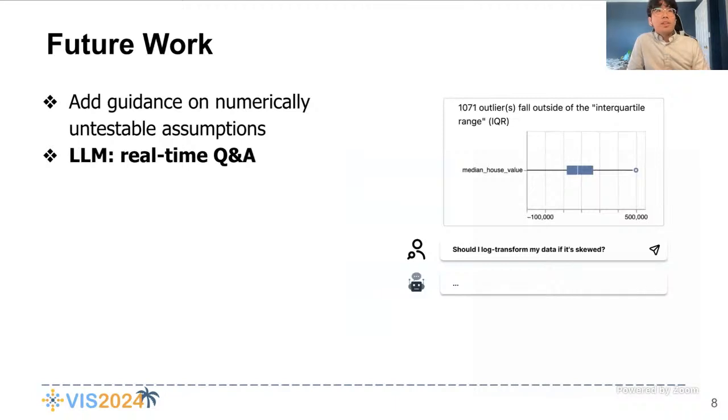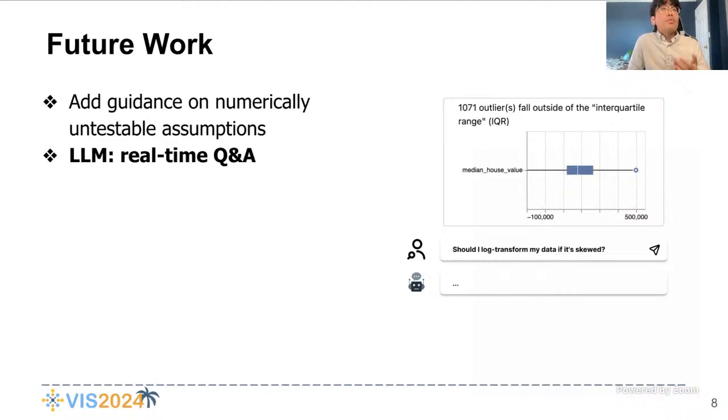So after all, in stats analysis, ensuring validity is very important, and Guided Stats does that by incorporating well-supported visualization, explanation, and assumption checking. However, we don't support numerically untestable assumptions, like the independent and identically distributed assumption in linear regression.